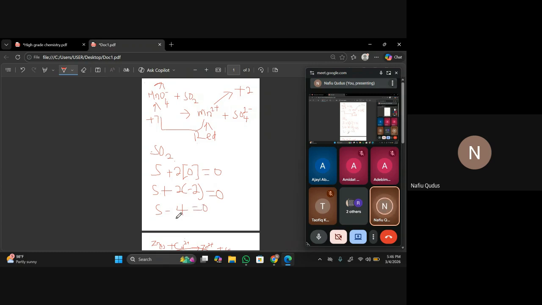What will be our sulfur in this case? Our sulfur here is +4. So now let's check the sulfur here as well.